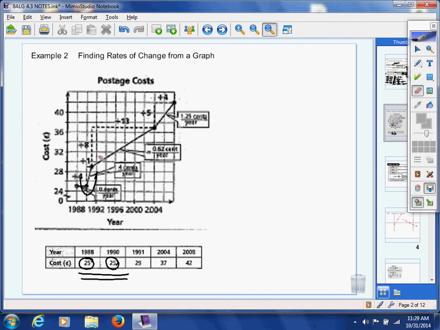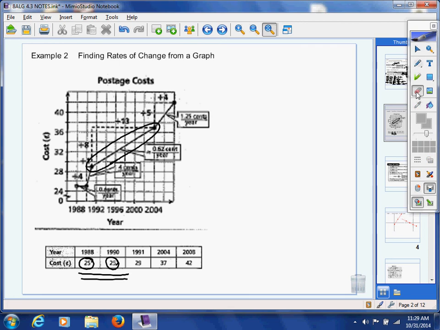We'll get to our next segment, which lies between 91 and 2004. Do you see how it's not horizontal, but it's not really terribly steep. It's increasing, but it's doing its increase over a longer amount of time. And so it's just not a very steep line. And so remember what I said, the steeper the line, the bigger the rate of change.